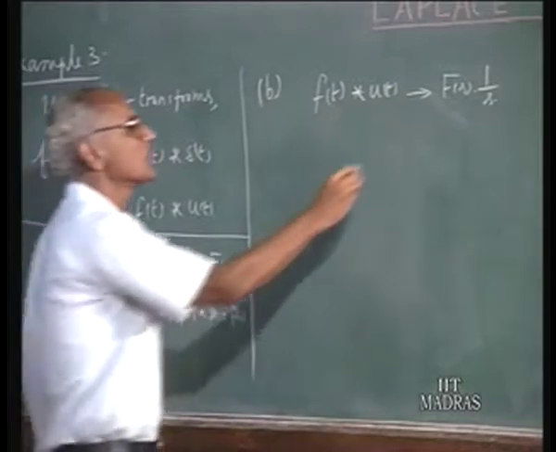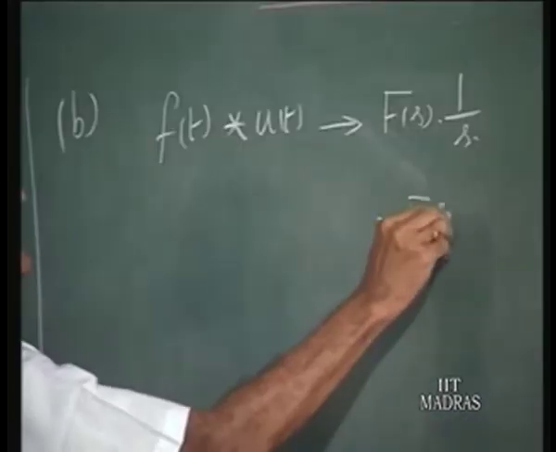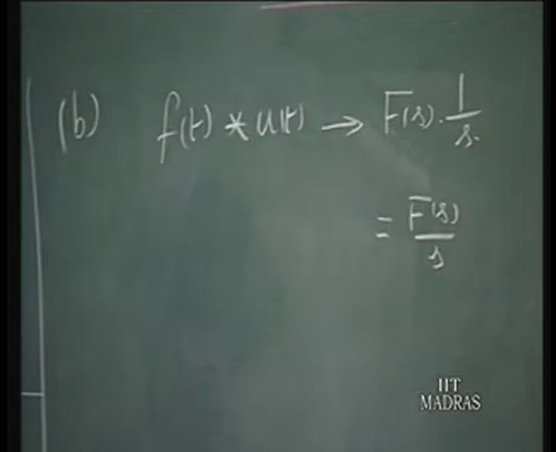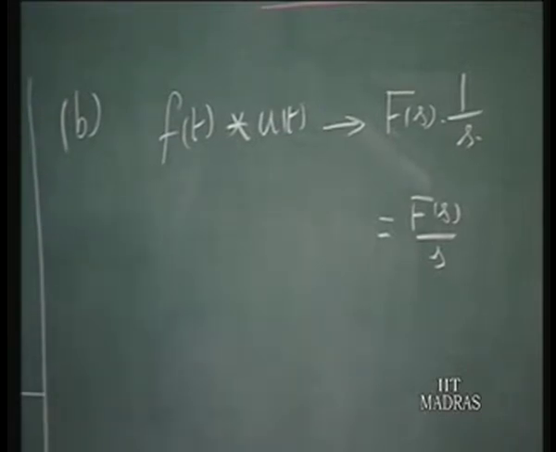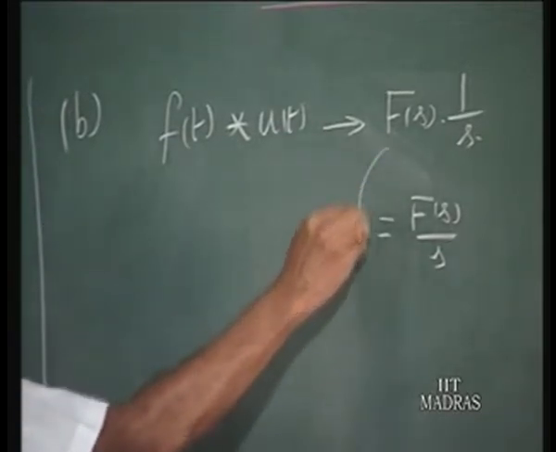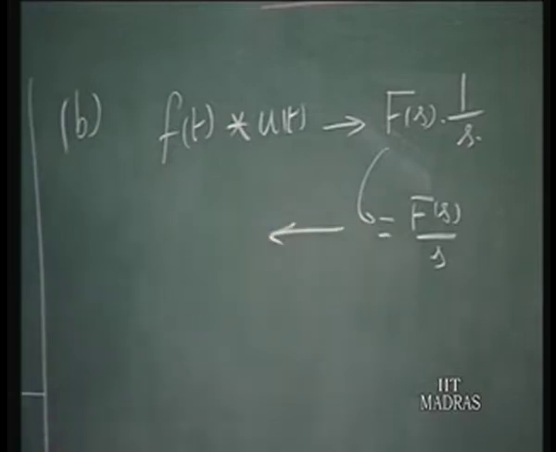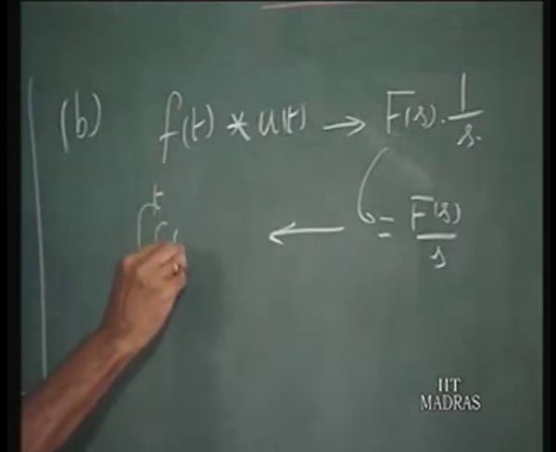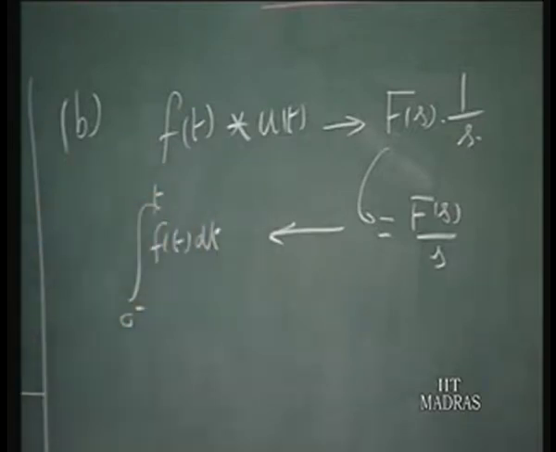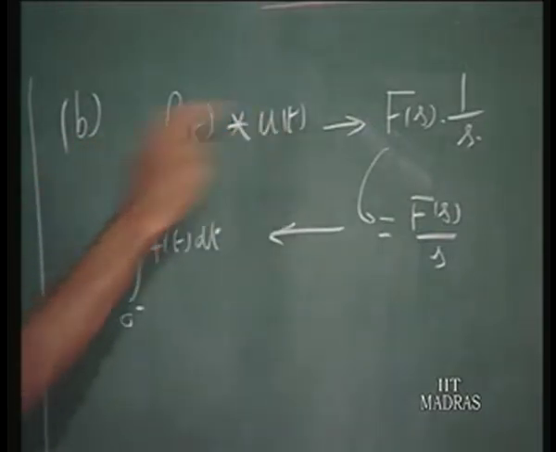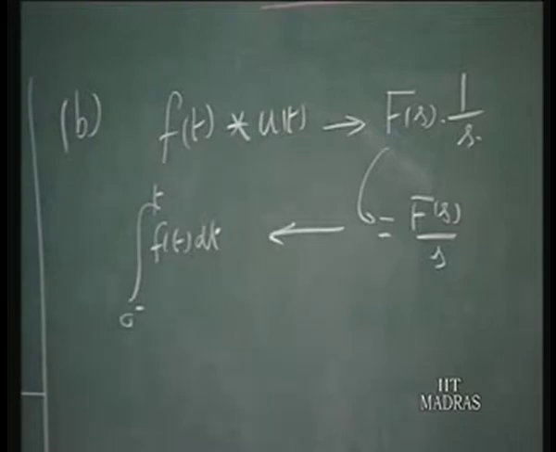So, this is F(s) over s, and we know that F(s) over s has the inverse Laplace transform, the integral from 0 minus to t of f(t) dt. So, when you convolve f(t) with a unit step function, it is the integration of f(t).